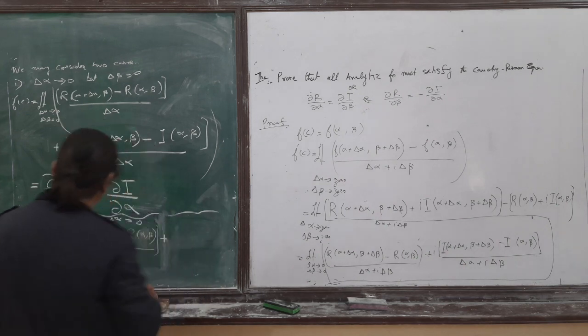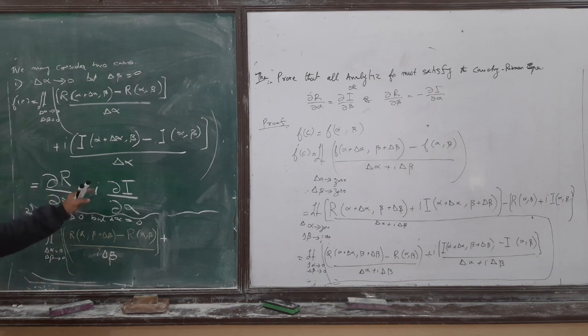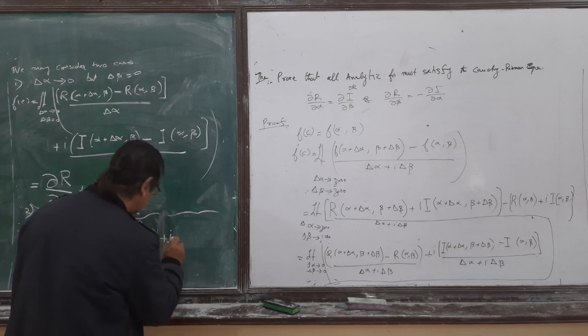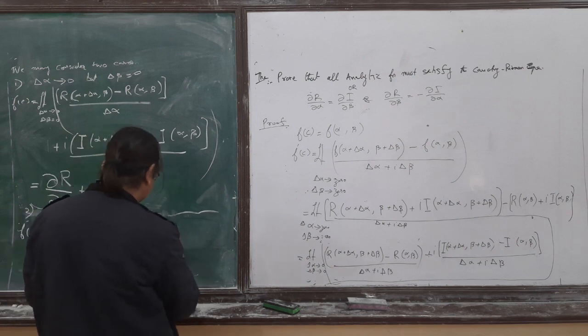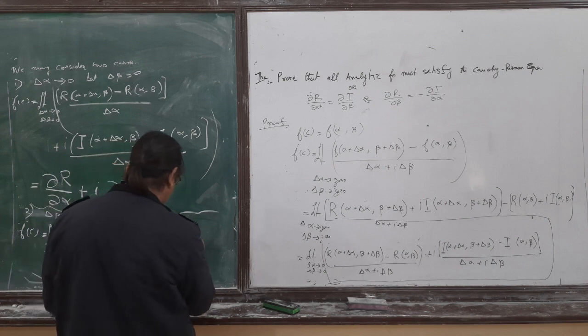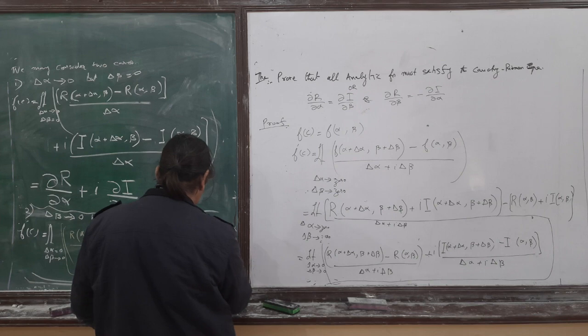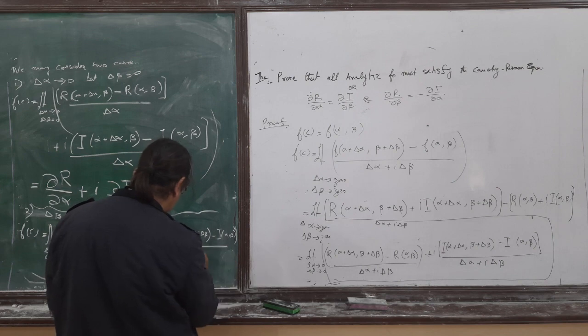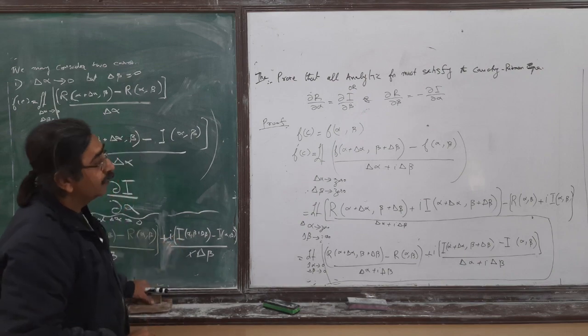Plus iota will be cancelled with the iota. I of alpha, beta plus delta beta, minus I of alpha beta, divided by iota delta beta. This iota will be cancelled with this iota. Okay.